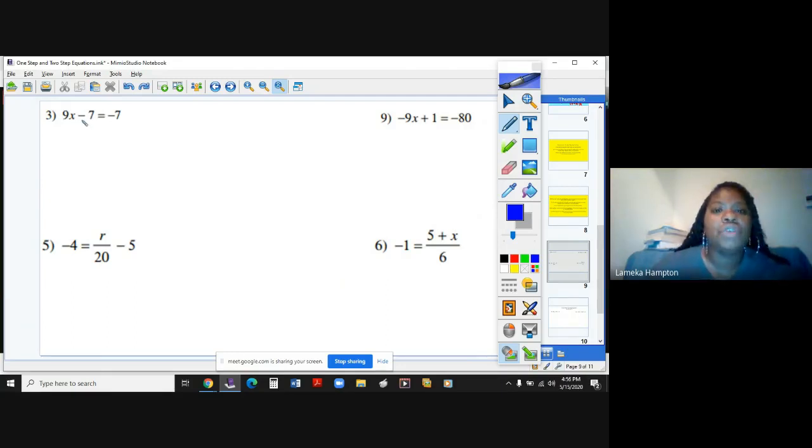So because we are working with a subtraction problem, we are going to follow the very first step, which is do the opposite of what the problem says. So we're going to add 7 to both sides. So I want you to see how I'm adding 7 to both sides, okay?